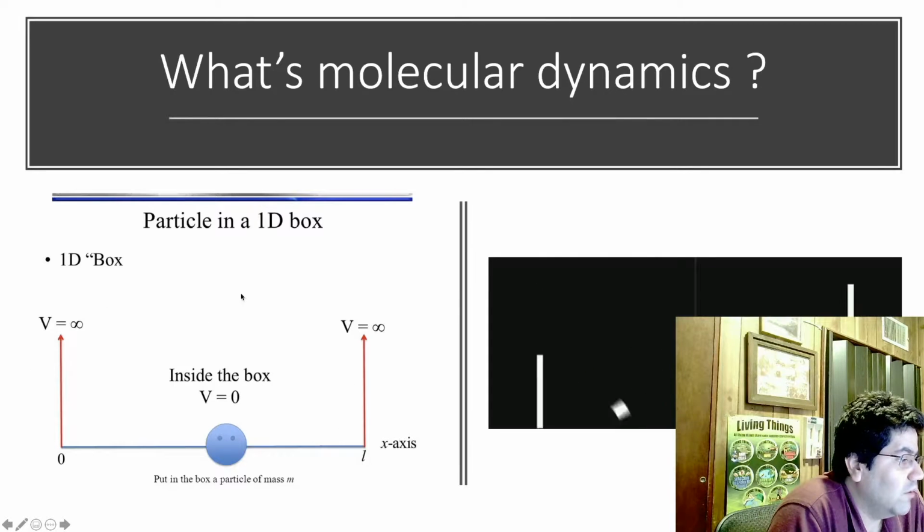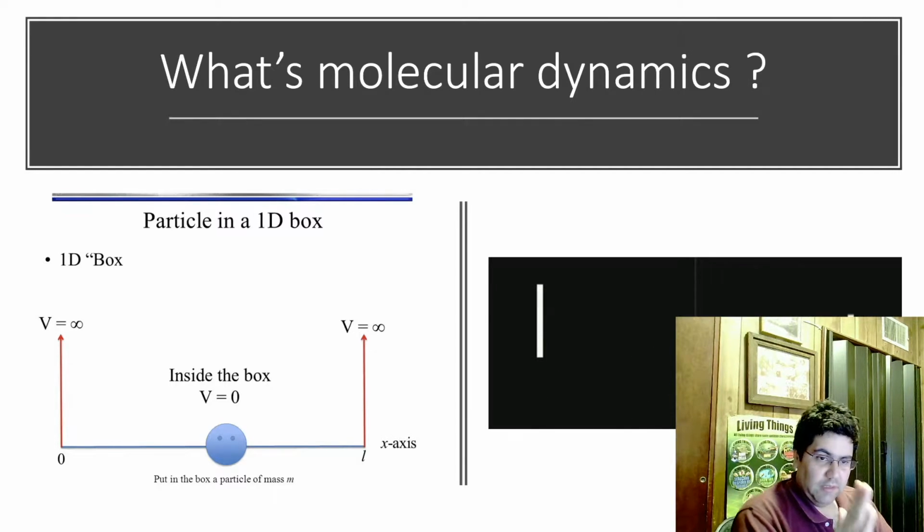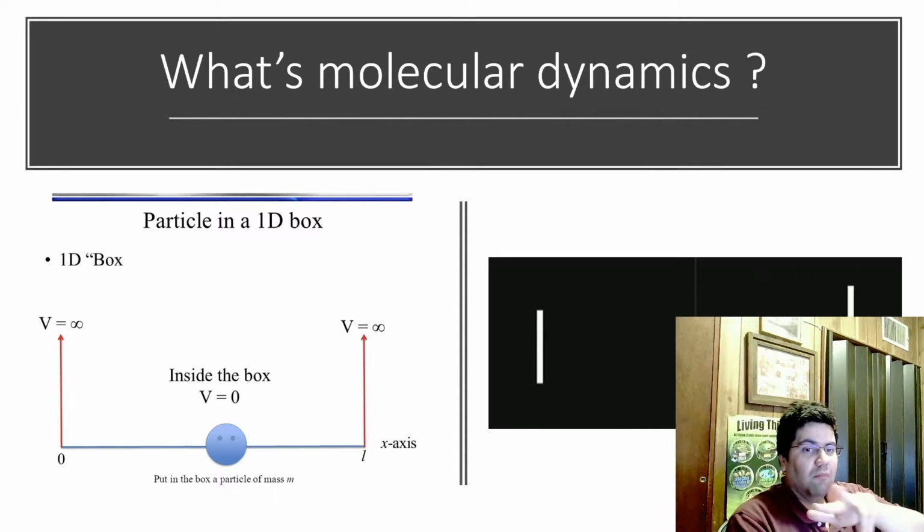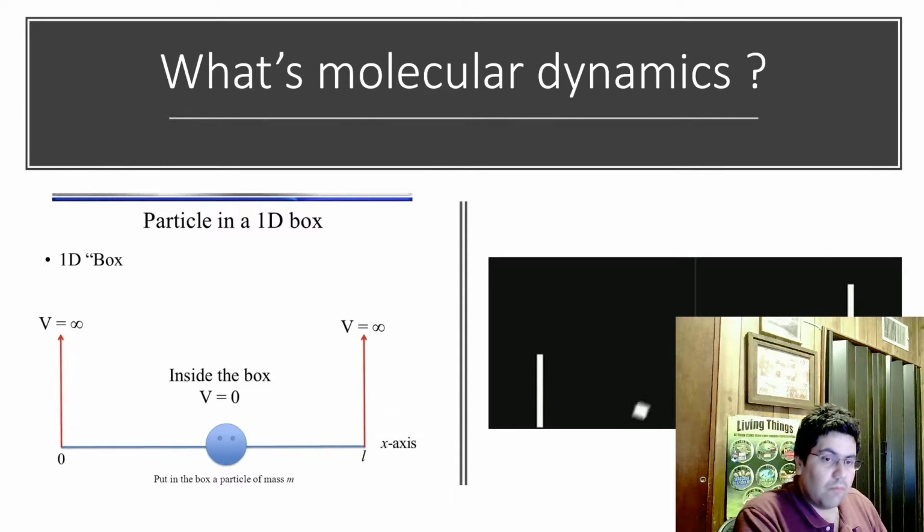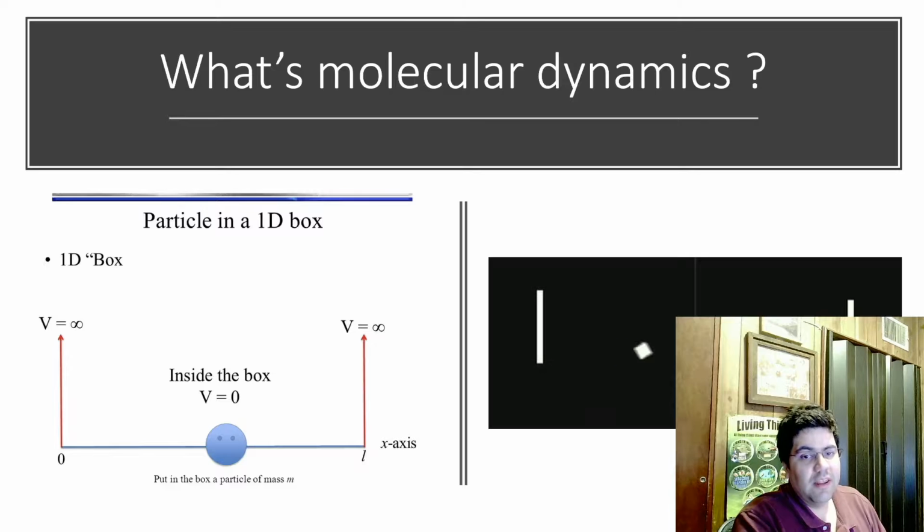The same happens, for example, in quantum mechanics, where we had a particle inside a box. We define infinite potentials on the left and on the right, and then we let the particle inside move around, so the particle bounces back and forth. It becomes more complicated with two particles, and when we're doing 3, 4, 5 particles, it's going to become more complicated because you have to consider the interaction between the particles and the interaction with the boundaries.